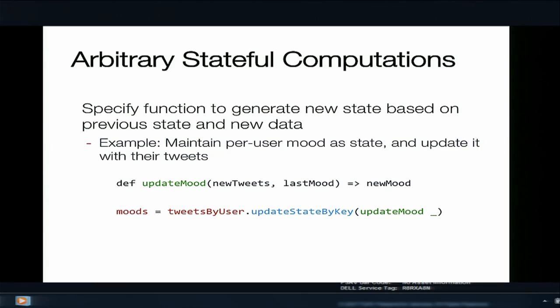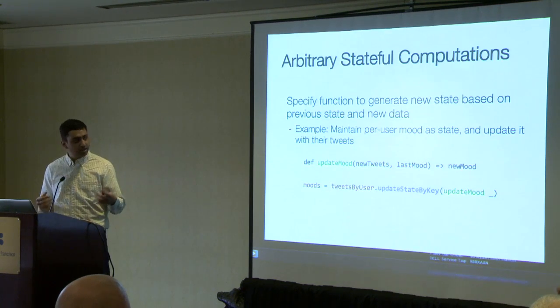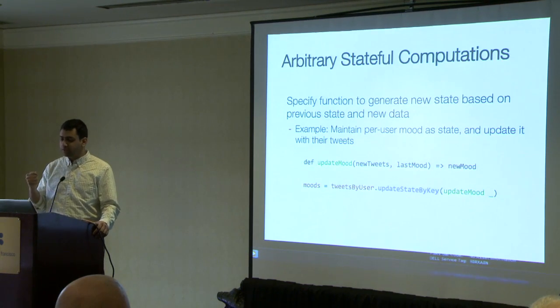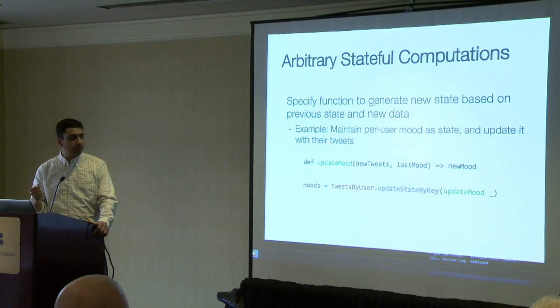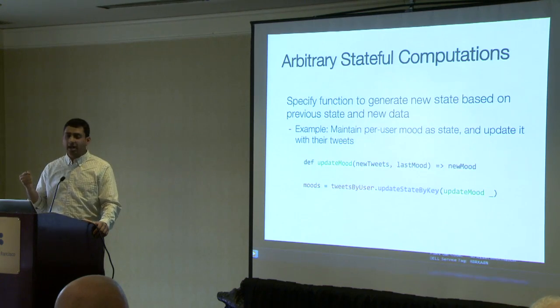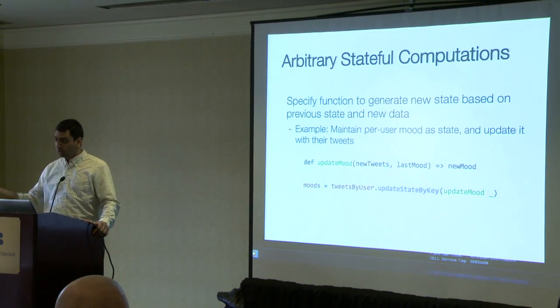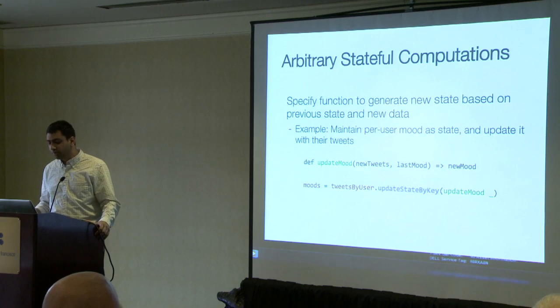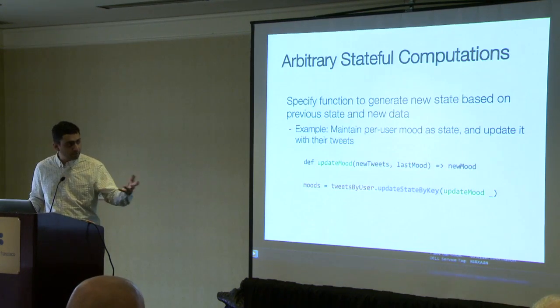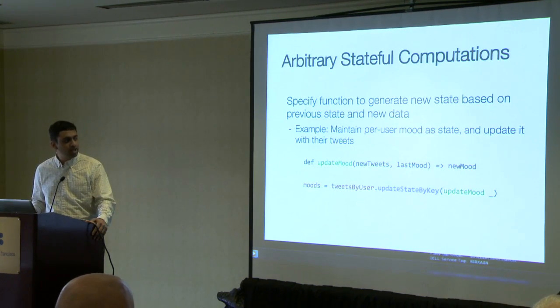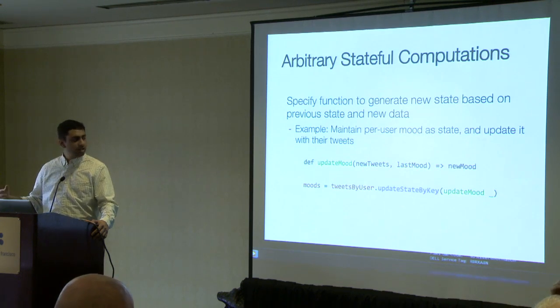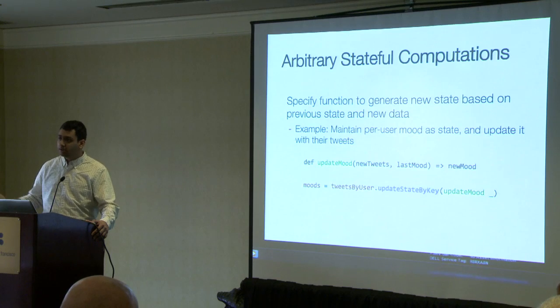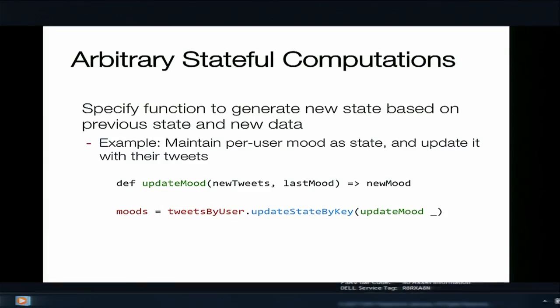Then all you need to specify is a function, in this case updateMood, where, given the new set of tweets that the user has made and the last mood, you specify what the new mood he or she is in. Then you use this transformation updateStateByKey to specify the updateMood function. The system will generate a stream of moods, which is basically a stream of states that the system will automatically keep updating.